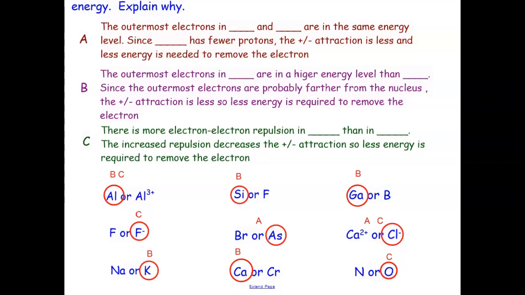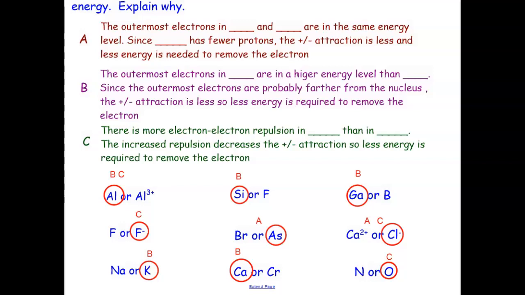All right, let's take a look. If we're looking at aluminum and aluminum 3+ ions, aluminum has its valence electrons in the 3rd energy level, aluminum 3+ in the 2nd energy level because it has the electron configuration of neon. Also, the aluminum has more electron-electron repulsion.